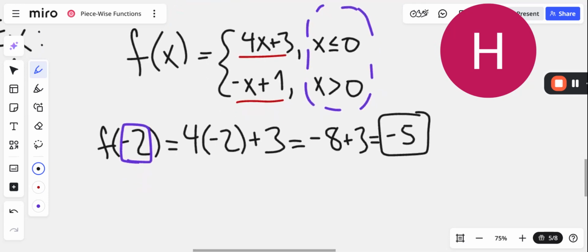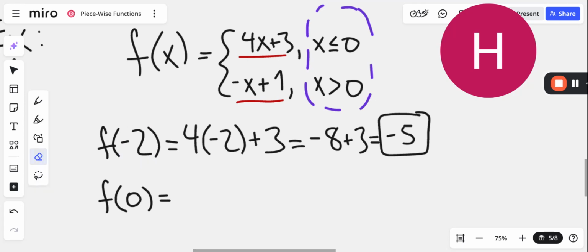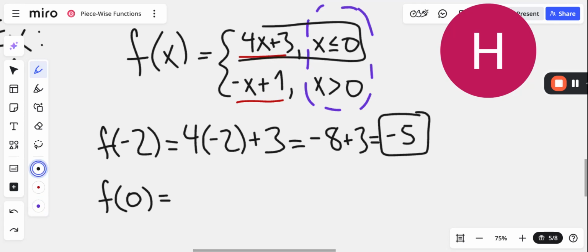Okay, great. Now let's try f of 0. What happens when x is equal to 0? Well, if we look carefully at the domain restrictions, this says x can be less than or equal to 0, meaning we're still going to use this top piece if x is equal to 0.